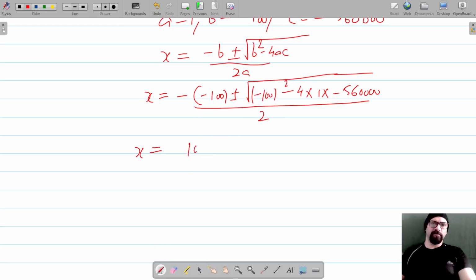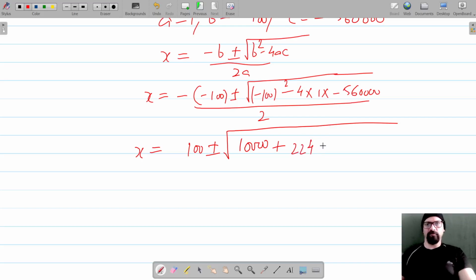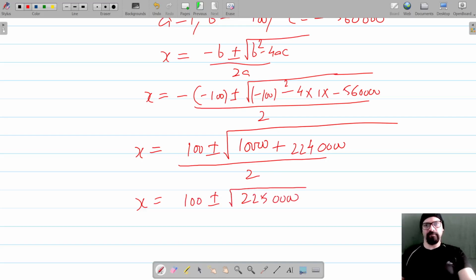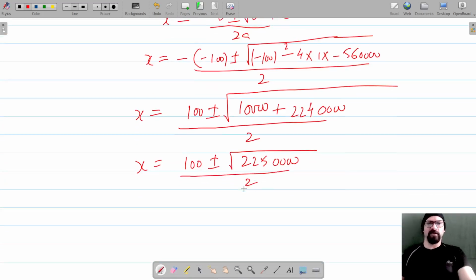Minus of minus is plus, so that is 100 plus minus the square root of the square of 100, which is 10,000, minus minus is plus 456 into 4. 6 fours are 24, 5 fours are 20, 2 4 with 4 zeros, divided by 2. And now x is equal to 100 plus minus the square root of 2 2 5 1 2 3 4, divided by 2.